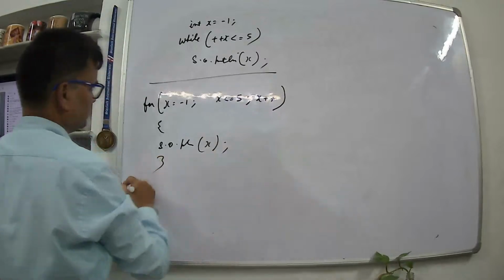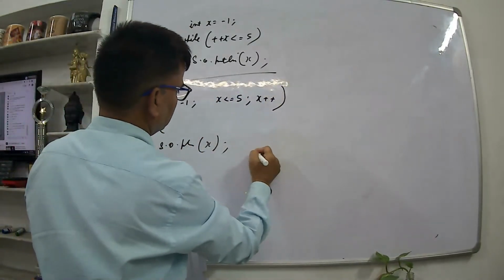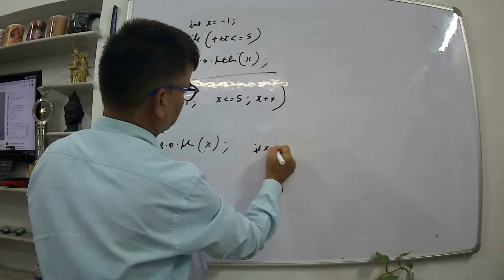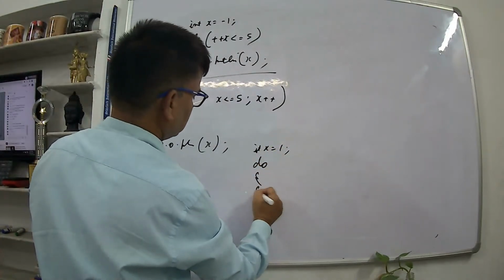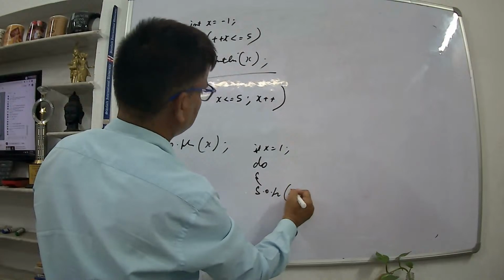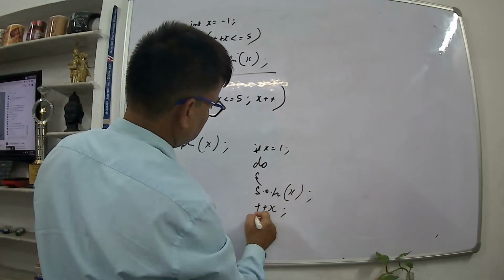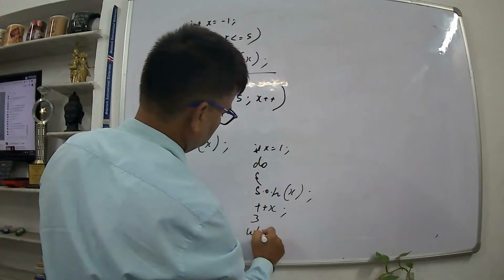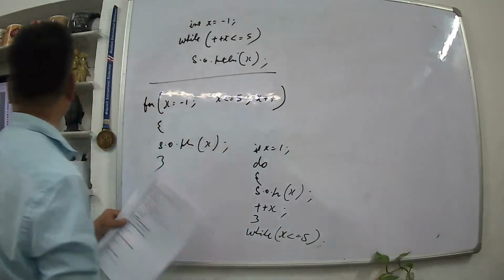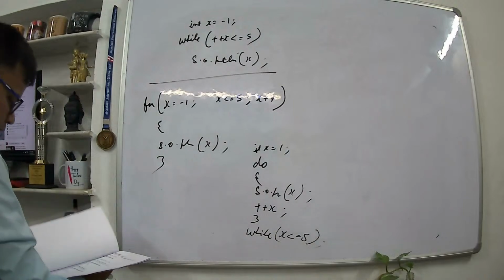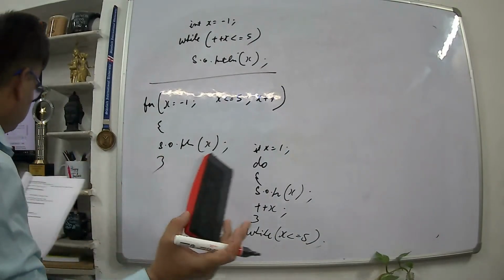If you have to do it using a do while loop, int x = -1, do System.out.println(x), then ++x, while x is less than or equal to 5. So you can convert it accordingly. Okay, one more thing here.